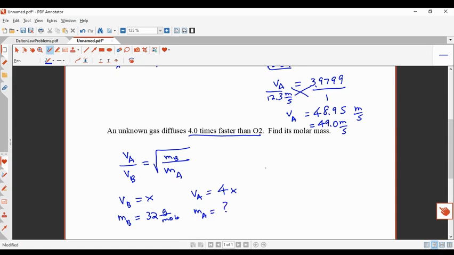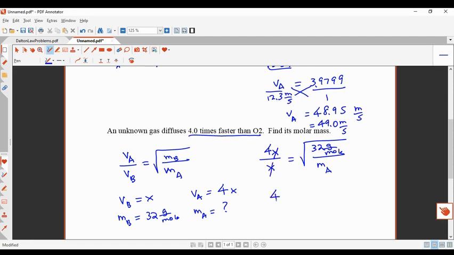So here we're going to plug this into our equation. So we have 4x over x is equal to the square root of 32 grams per mole over mass of A. You notice here we have x over x, and we can cancel those out.